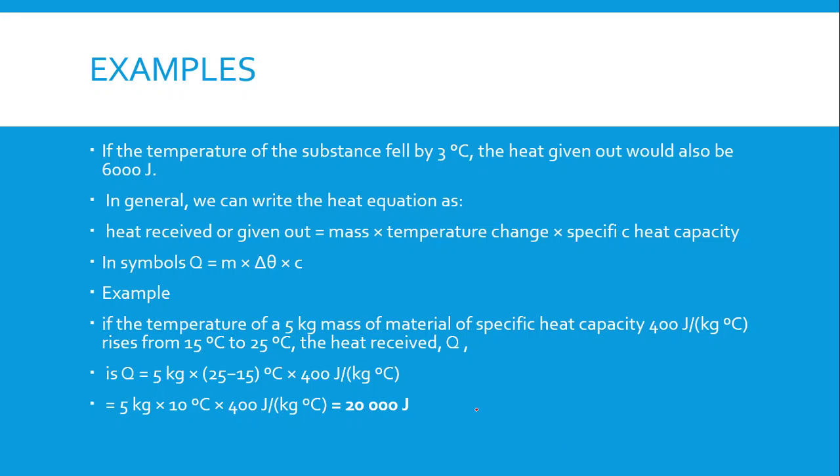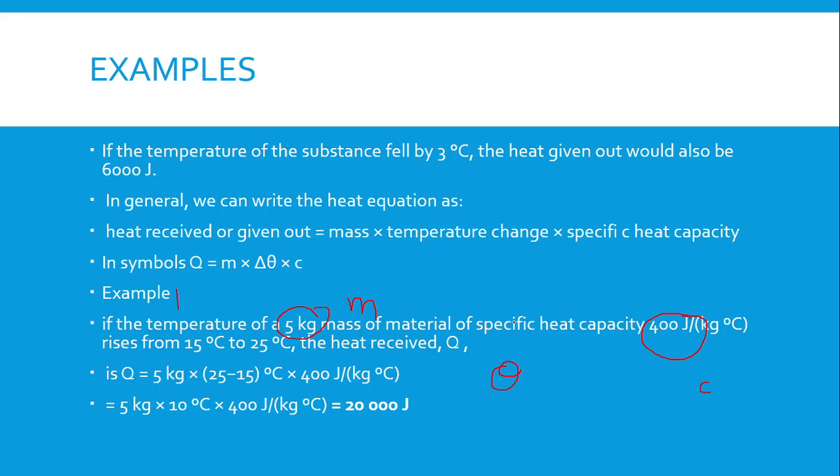Let's just call this example 1. If the temperature of a 5 kilogram mass of material with specific heat capacity 400 rises from 15 to 25 degrees, the specific heat capacity 400 is the value of C, and 5 kilograms is the mass M. We're talking about the temperature change, or temperature rise, which is 25 minus 15, that is 10.